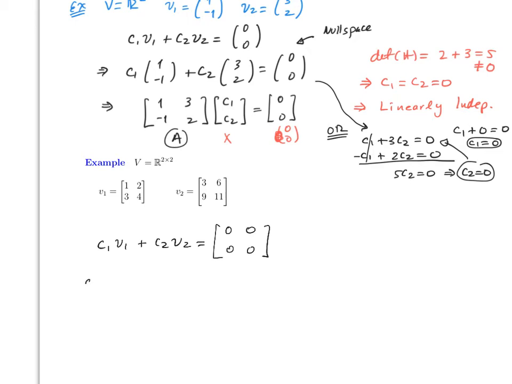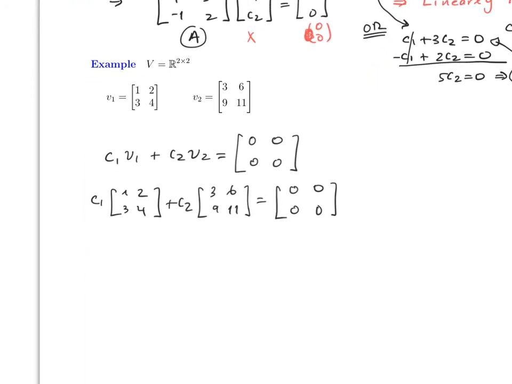So in this case, this is C1 times 1, 2, 3, 4, and then this is C2 times 3, 6, 9, 11, and you want to check if this is the case. Now remember, when you add matrices, this plus that should give you this, and so forth.